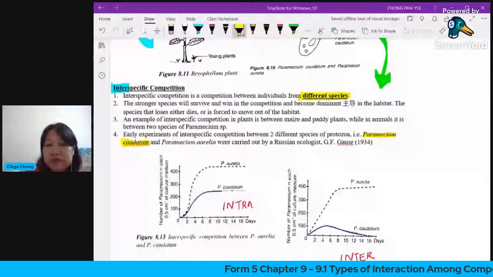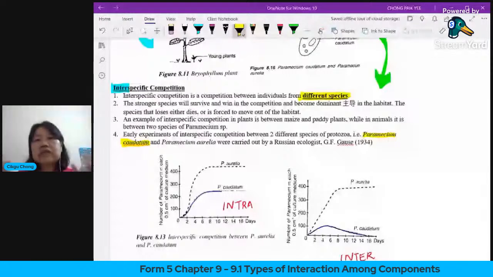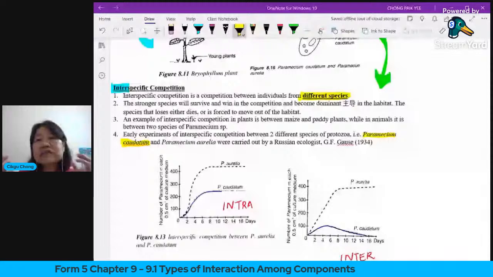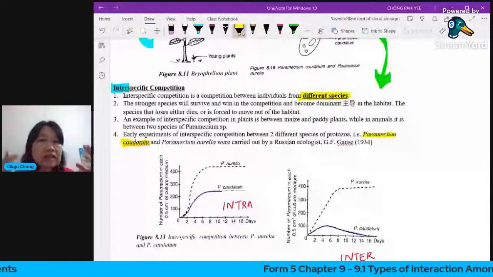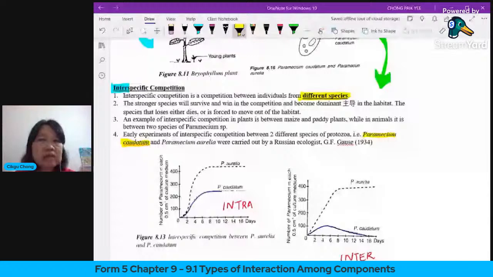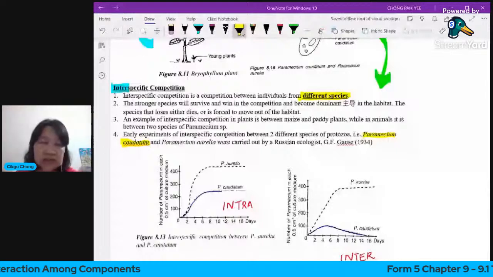So that fight is not so intense. Okay, so remember for intraspecific, they will have the same needs. So that's why the fight among them is actually stronger. Compared to two different species, they may have slightly different needs. So they don't really have to fight that much to get the same thing, because it may not be the same thing.